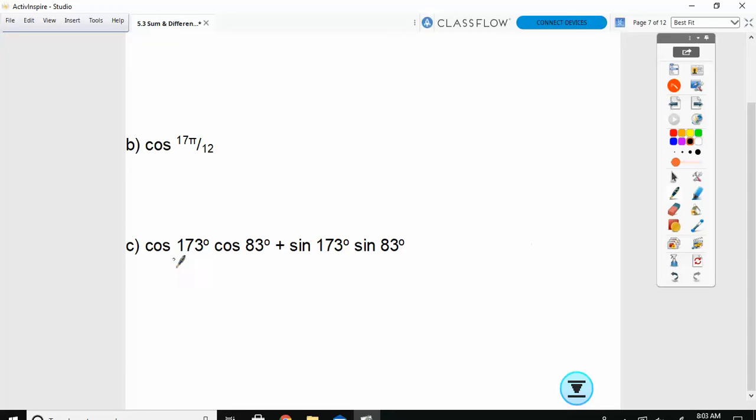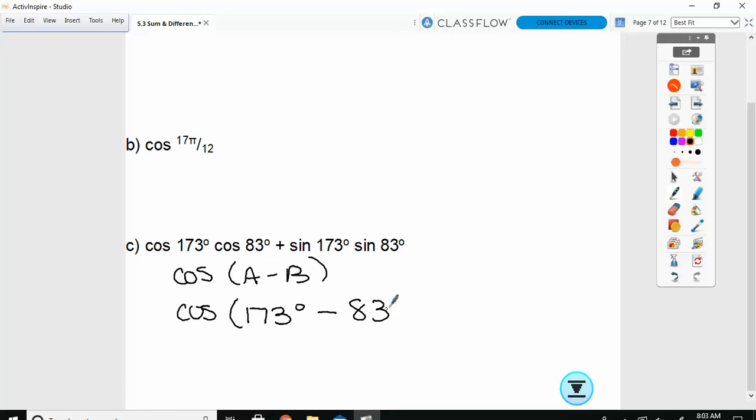So this is the cosine of A minus B formula. So my A, my first angle is 173, minus B is just my second angle, 83. 173 minus 83 is 90. Cosine of 90. So think about your hand trick. If you fold on your 90, it's the square root of 0 over 2, which is just 0.